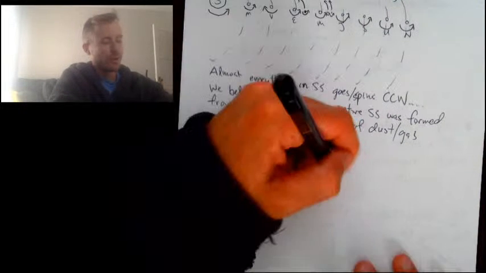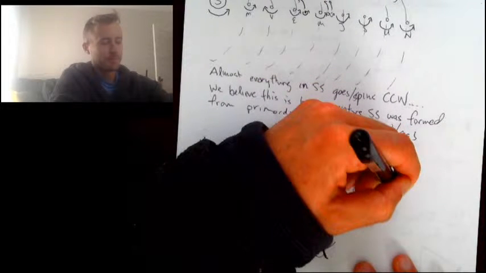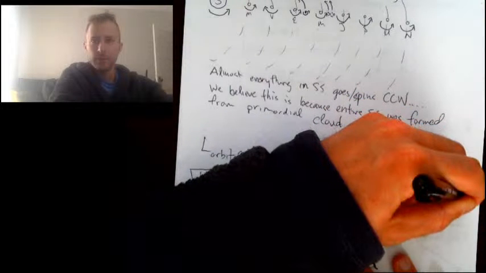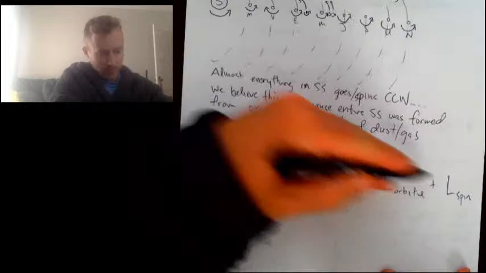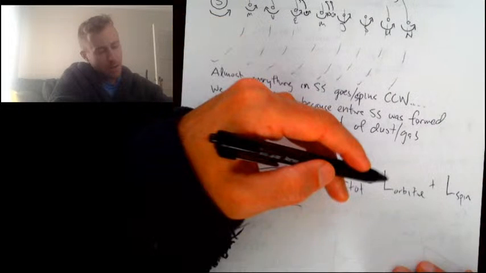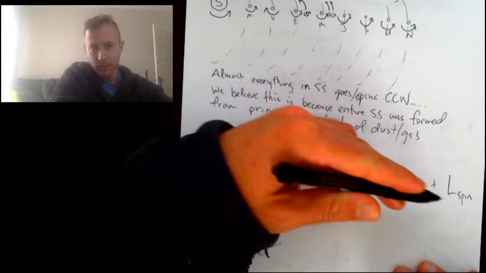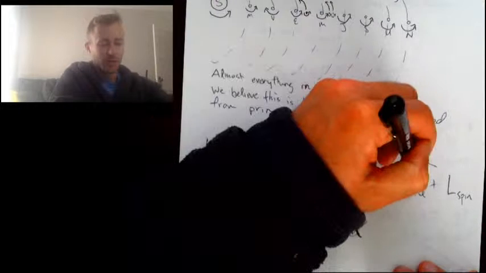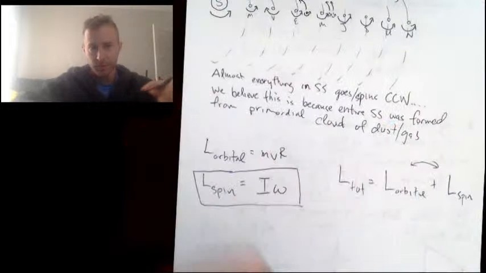And then your total angular momentum is just the sum of the orbital plus the spin angular momentum. Okay? Now, because the total amount stays constant in the absence of torque, you can have transfer from orbital angular momentum to spin angular momentum. So if you lose orbital momentum, you gain spin angular momentum, etc.